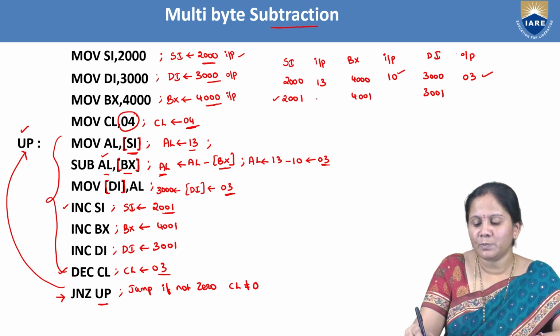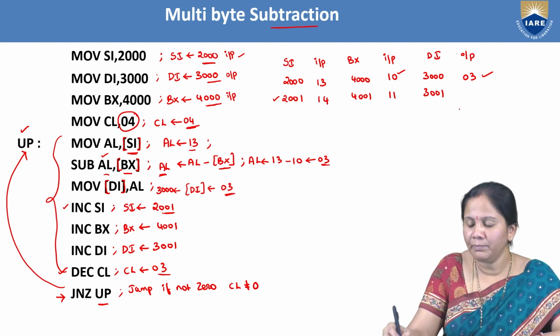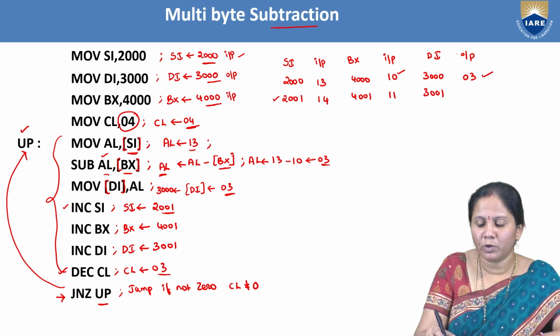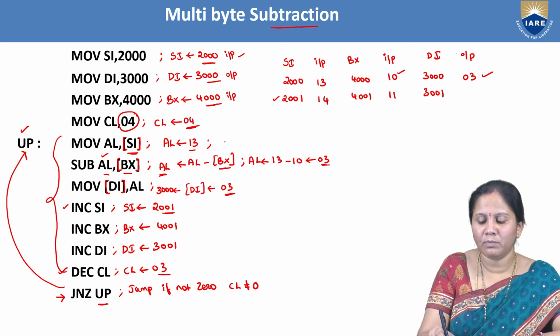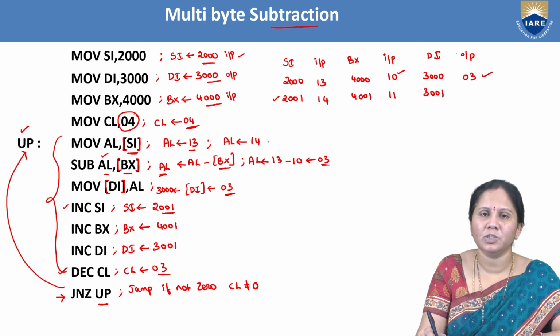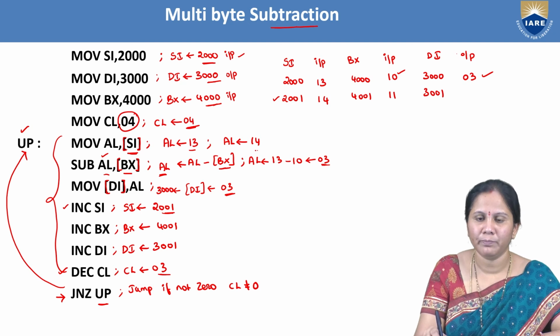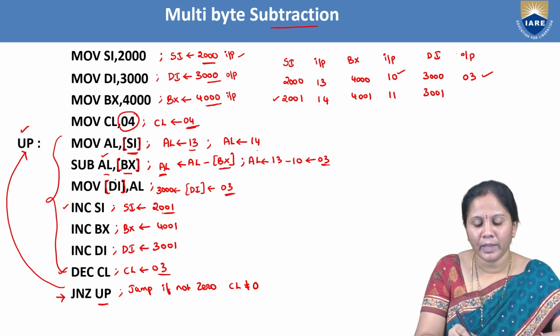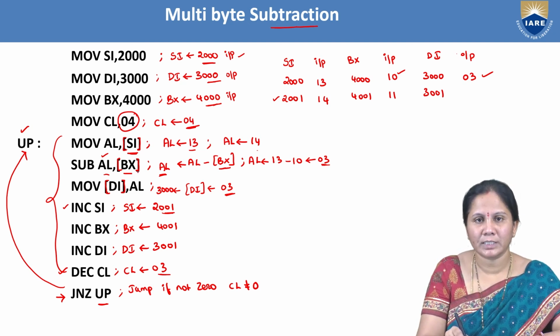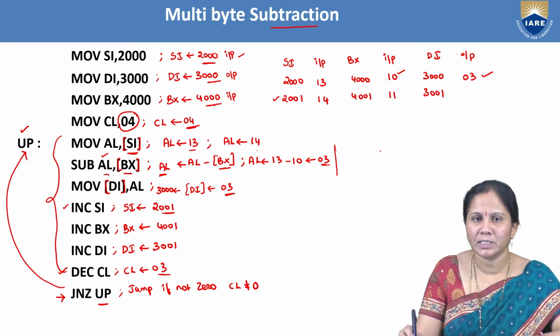So whatever data is present in 2001, let us consider here there is 14, 11. Okay. So whatever data is present in 2001, that is 14, will be moved into the AL register. Now AL has the fresh data, that is 14, not 13. And SUB AL, [BX]. So for this instruction, the content of AL and BX will be subtracted.